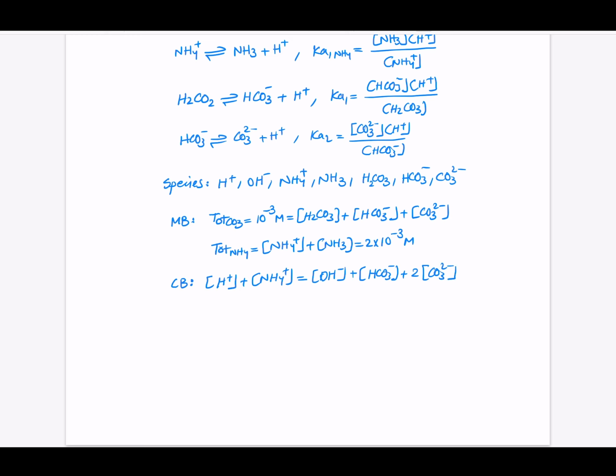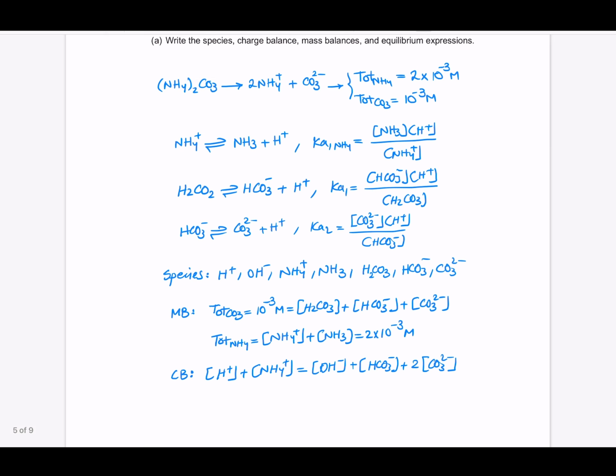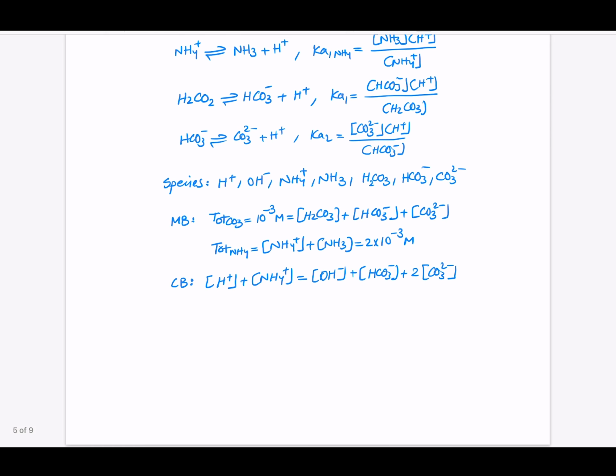So basically we now have 7 species and 7 equations, and we should be good to solve for the pH, depending on what kind of approach we want to take. This particular example asks for using the Excel spreadsheet, but we could use any other method we wanted, like a graph, or just using algebra.